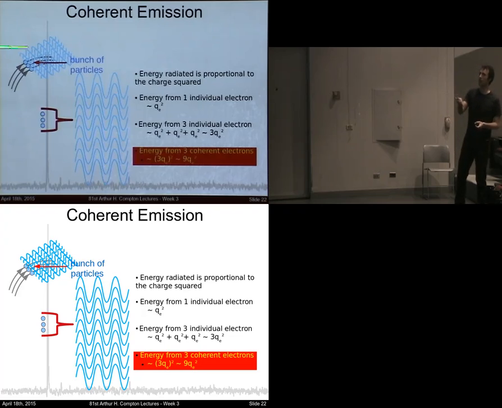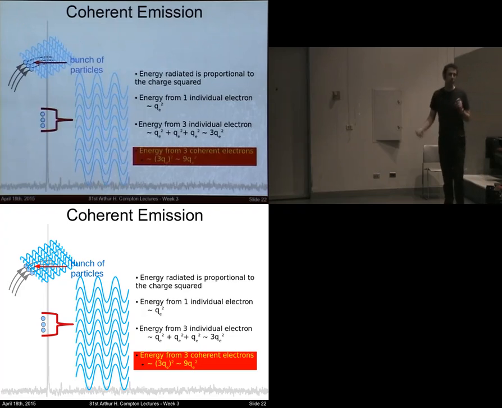But an important message, and a message that people don't pay enough attention to, I feel, in the pulsar community, is that the radio radiation is coherent. That means that it doesn't come from an individual electron, but it comes from a bunch of electrons that are all together as a group. Okay.